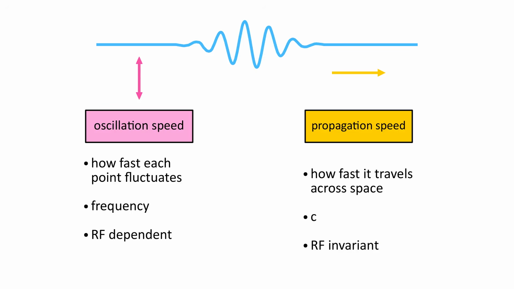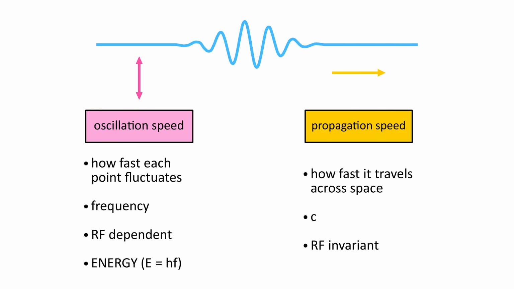The propagation speed is just the speed of light c and is constant in every inertial reference frame. The oscillation speed, on the other hand, relates to the frequency of the wave, which simply equals that of the accelerating charge. Since faster oscillations require more energy, the frequency of the wave is actually exactly proportional to the energy it carries, and this has massive implications.